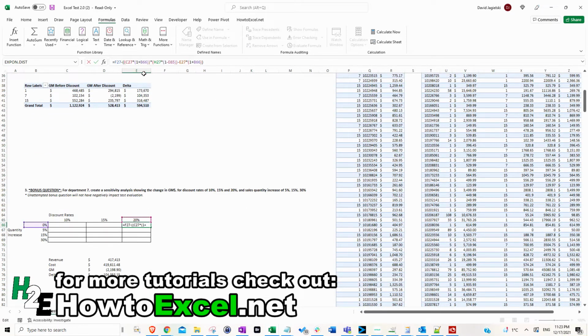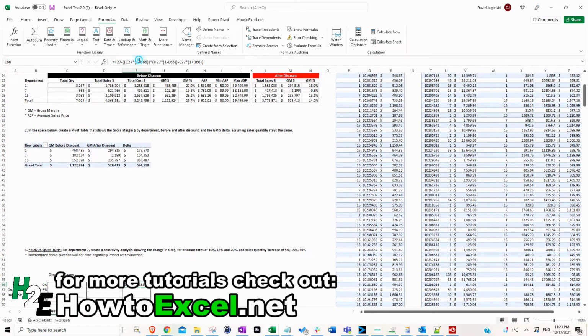So now the beauty of this is I've got my calculations set up with these different rates factored in. So now the key is freezing these values so that I can copy these formulas over. So I'm going to look at F27, the gross margin, that needs to stay constant. C27, again, the quantity needs to stay constant. B66, that one I just need to freeze the side of it.